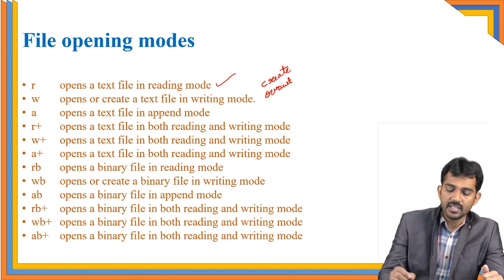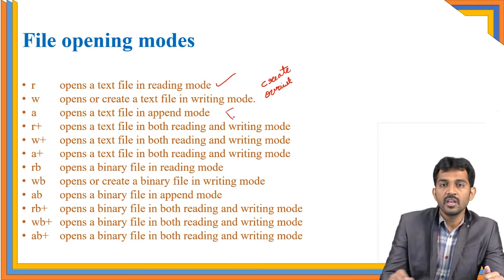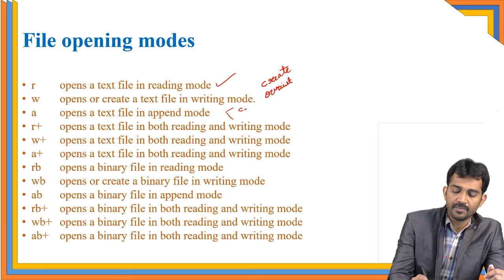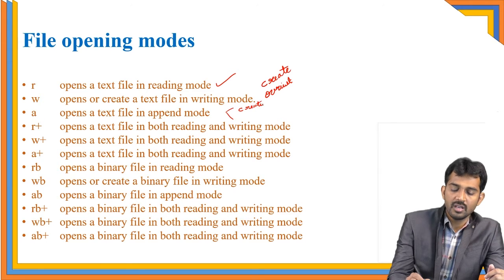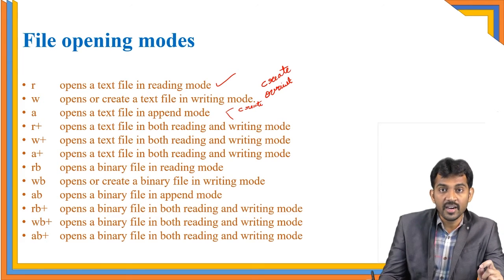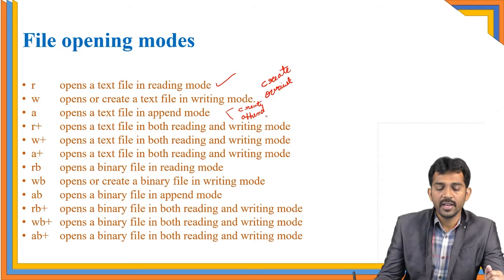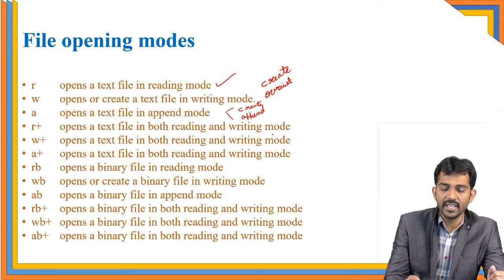Coming to the append, there are also two things. If the file does not exist, it is going to create the file. If the file is available, then it is going to append the data. And R plus mode: open a text file in both reading and writing.